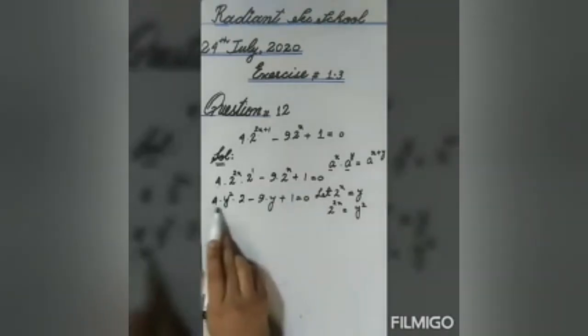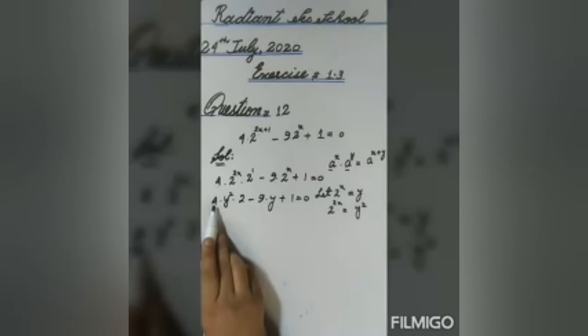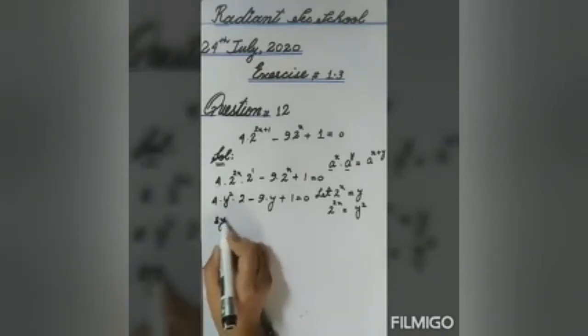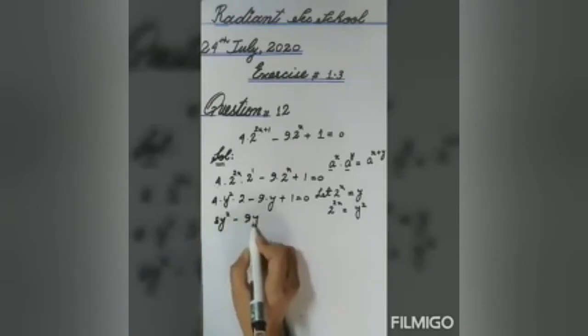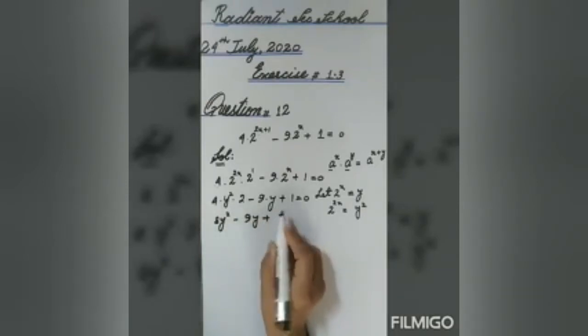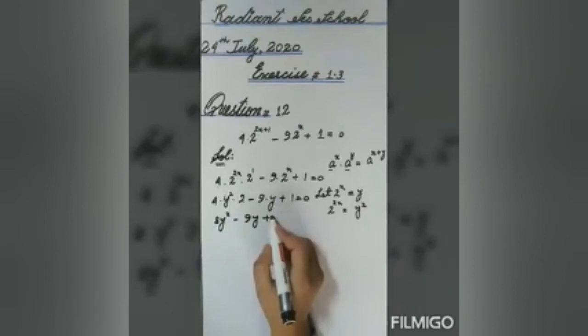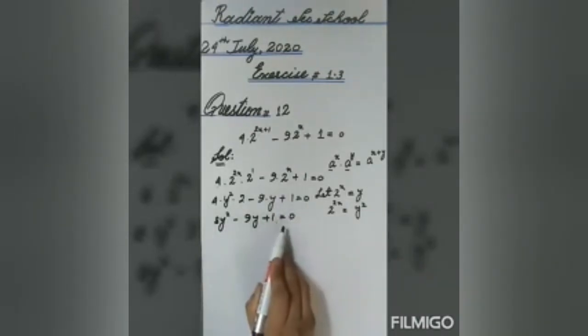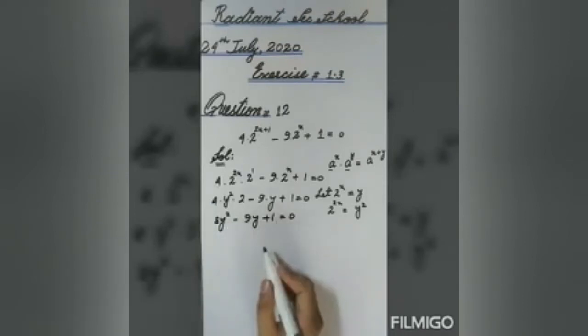Now as these values are multiplying, we can multiply 4 with 2. It will become 8y square minus 9y plus 1 equals to 0. Now it has become a quadratic equation. We can solve it by middle term breaking. We can solve it by quadratic formula as well.